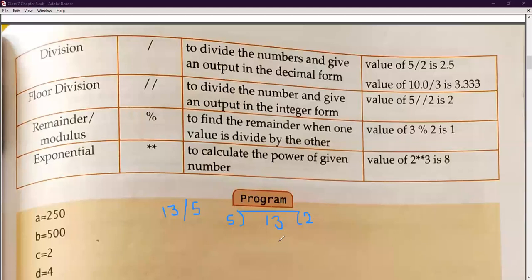If I subtract 10 from 13, then it will return me 3, right? So supposing I want to display this remainder 3 on the screen, then I will use what? The remainder, or you can say the modulus operator. Got my point? So if I write 13 modulus 5, then what will be its output? Its output will be 3.